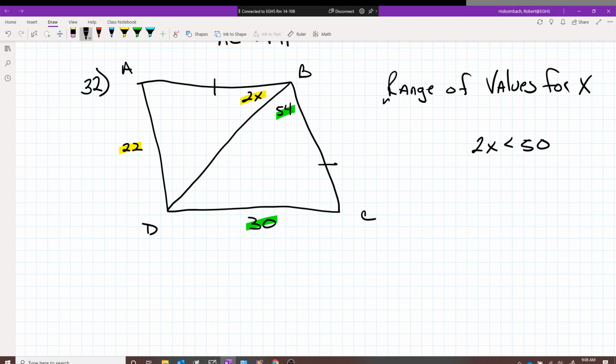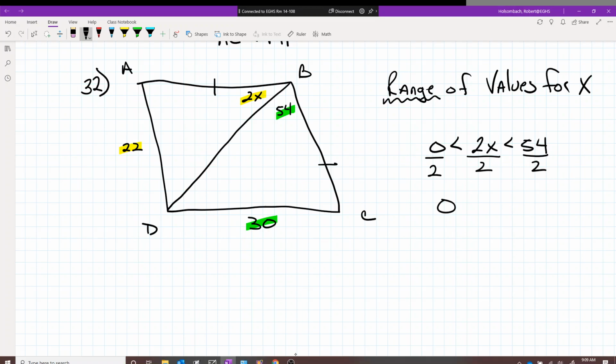Since we're looking for a range of values, if the 2x is less than 54, it's got to be greater than 0. And this needs to be a 4 right here. Remember, when you're finding a range of values, you need a lower limit and an upper limit. So here's your compound inequality, and you can solve this by dividing the left side, the middle, and the right side by 2.